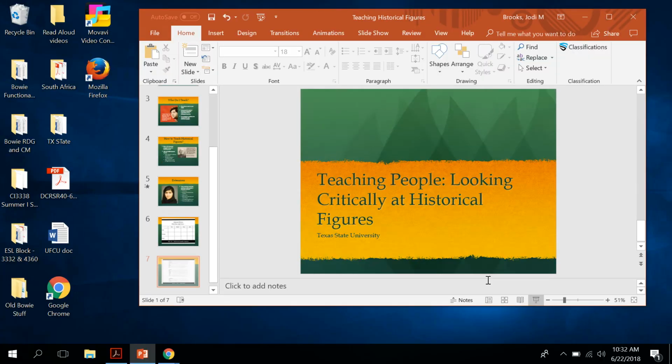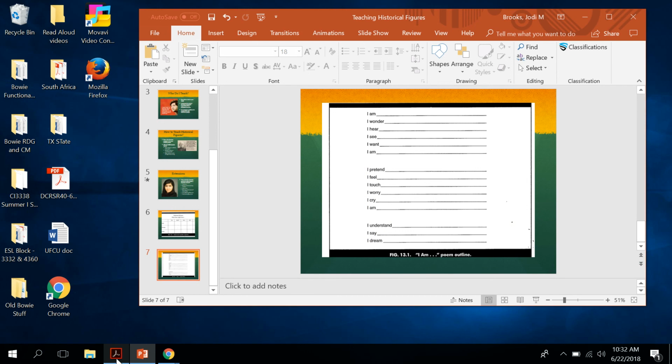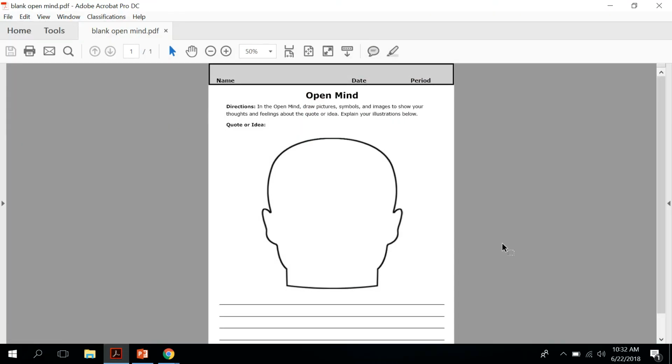And then I will show you an image of the open mind portrait. You're going to do one of these for this assignment. I'm going to give you a list of names of historical figures that I want you to focus on. You can choose one of those historical figures. And then what I want you to do is learn a little bit about that person, enough so that you can humanize that person.